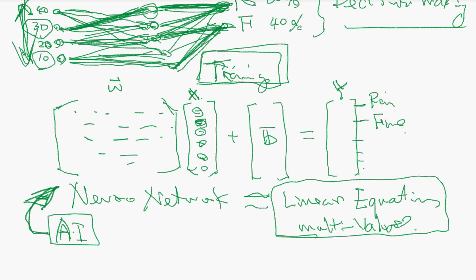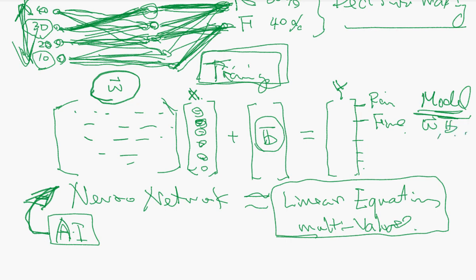This is called a model. This matrix equation is a model, and the model is made of a weight matrix and a bias matrix vector. These two things are going to be the model for some specific AI. So this is the basic.